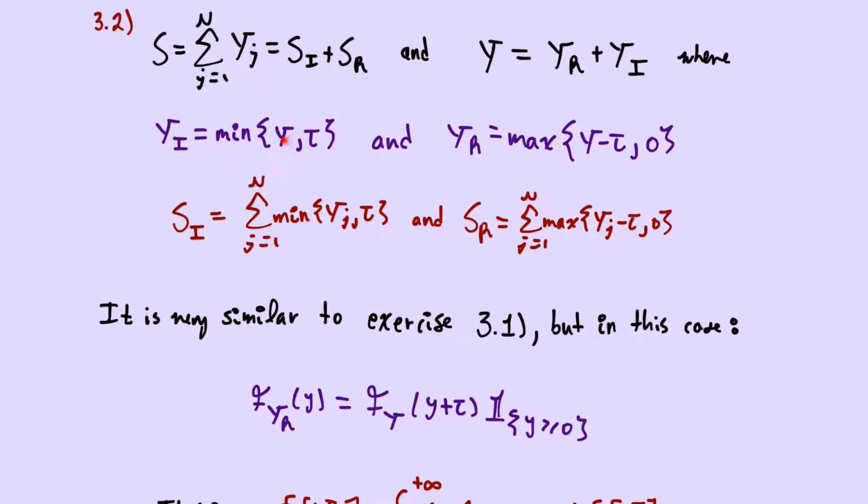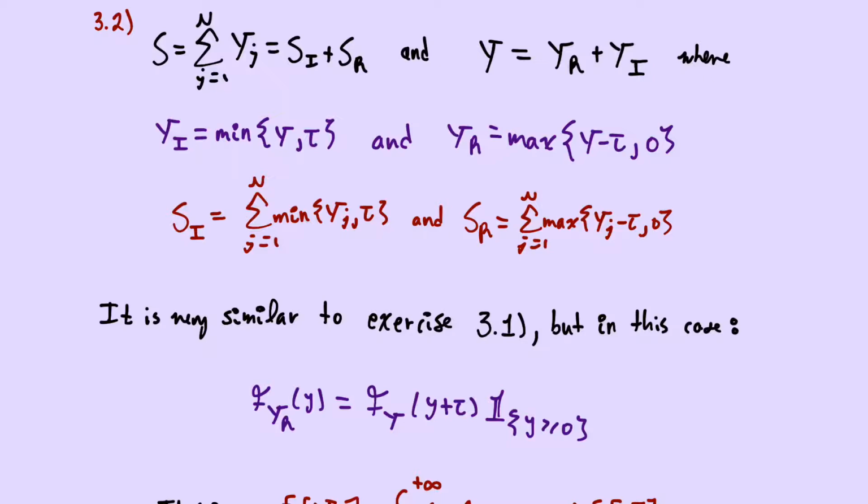And if the claim exceeds tau, then the insurance company will only have to pay tau, and the rest will be paid by the reinsurance company. So, in order to respect this, you can define the other random variable; you can check out the details, but it's very similar.